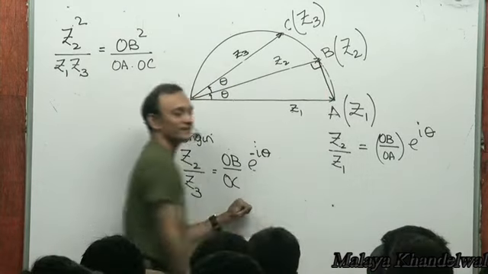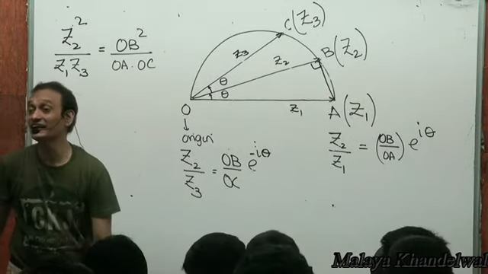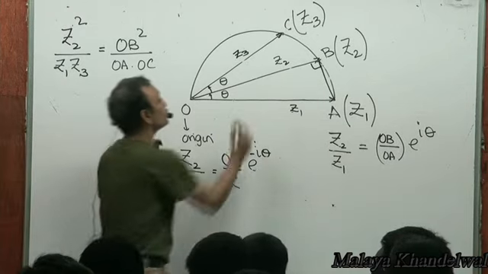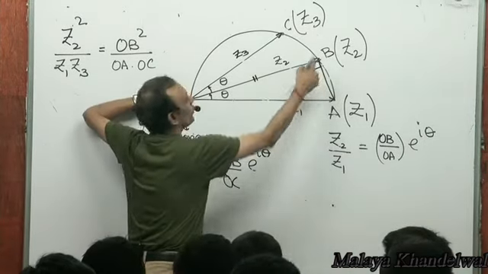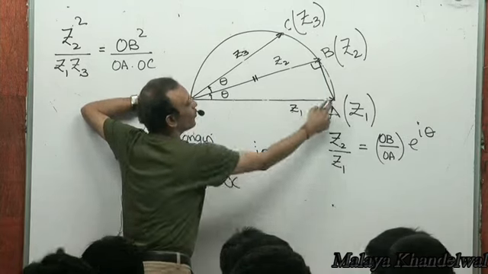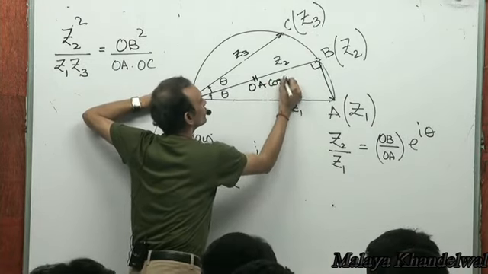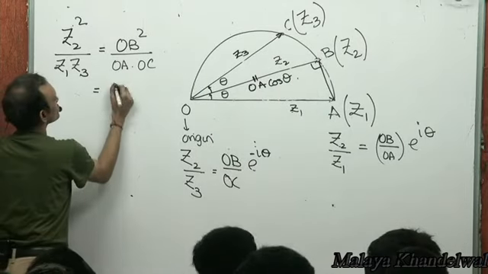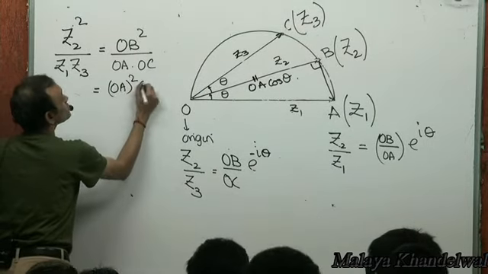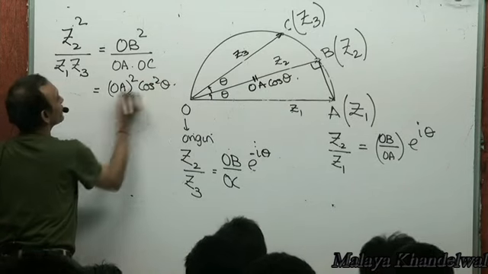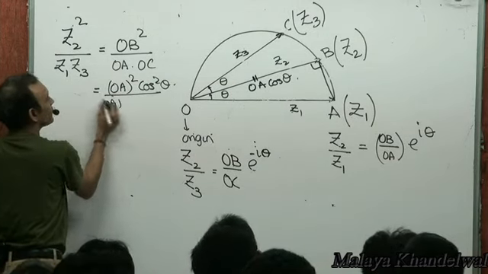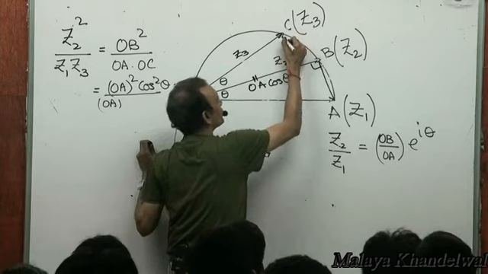What is this angle? 90 degrees, angle in a semicircle. So do you realize the length OB would be OA cos theta? OB would be OA cos theta? Yes or no? So this is like OA squared cos square theta divided by OA. Now OC, what would OC be?